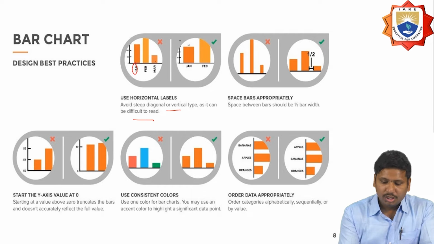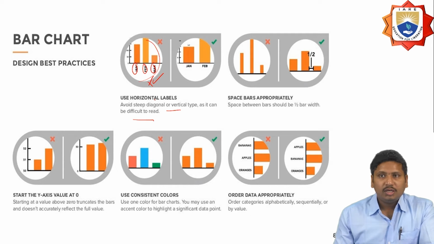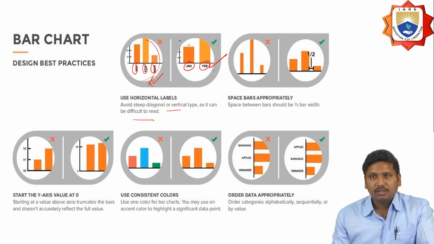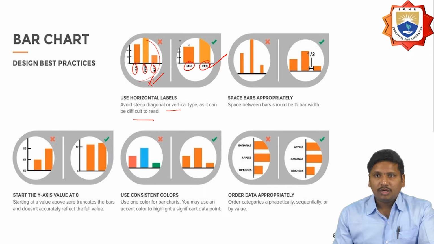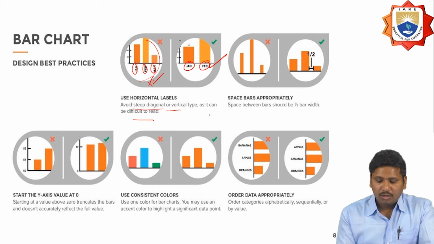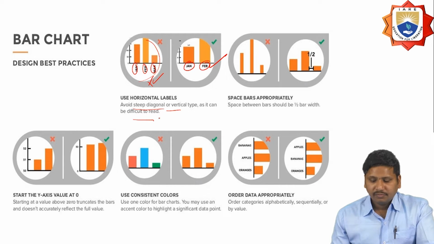Don't use vertical labels even though they are correct. The labeling is different in vertical, so that's why it is rejected. Some part is clear, but the labeling should be correct. So all the time use horizontal labels only. Avoid steep diagonal or vertical type as it is difficult to read.